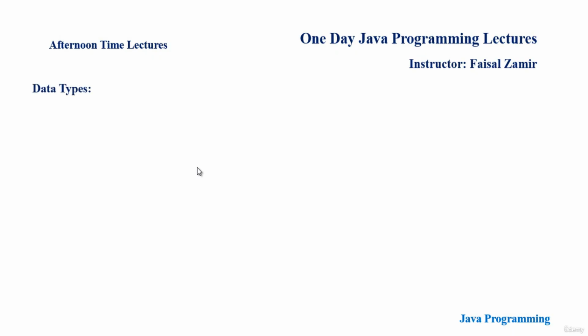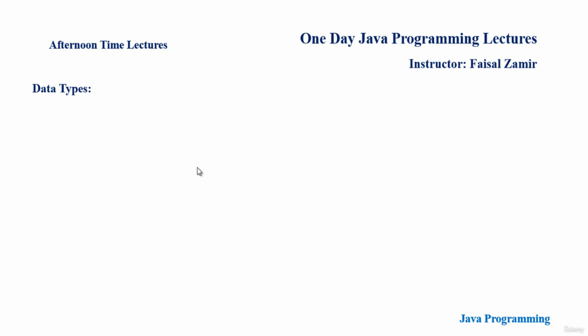Hi guys, in this class we will learn about data types in Java. This is a very important lecture for this course because we have already discussed different concepts of Java. Data types are the different types of data that we use in any programming language to process data and perform operations.